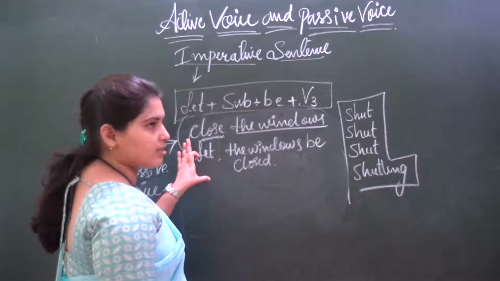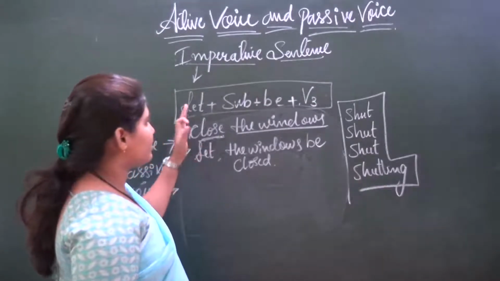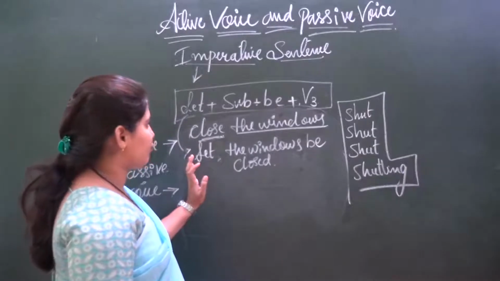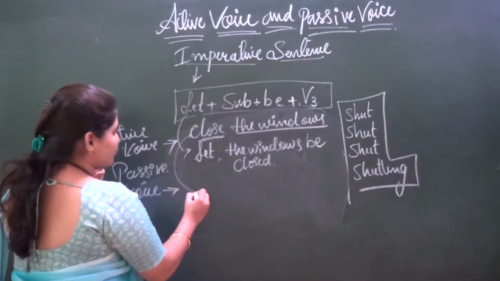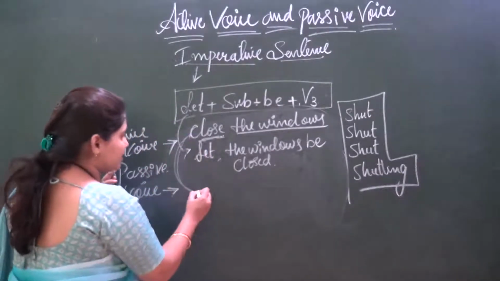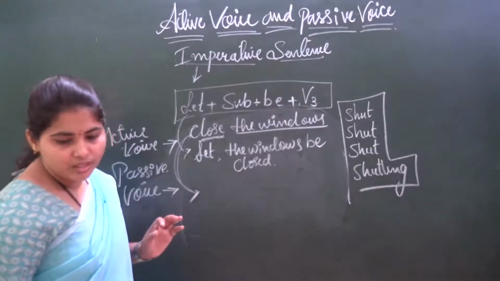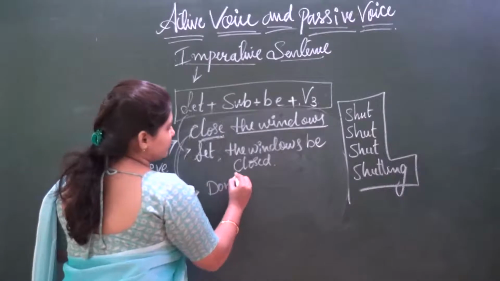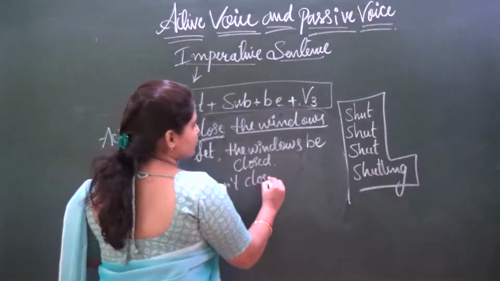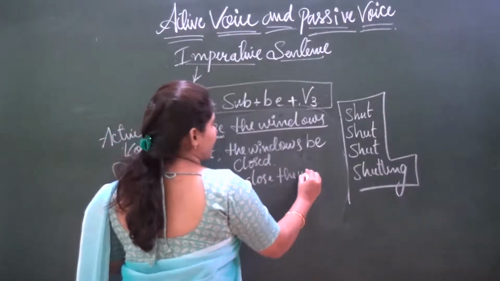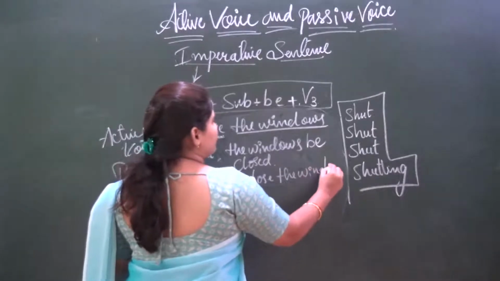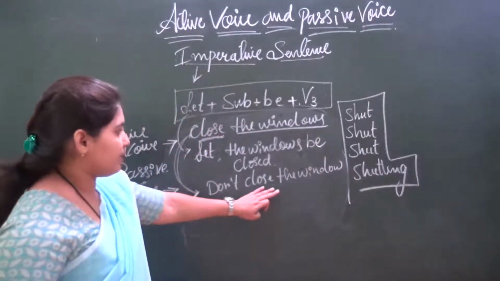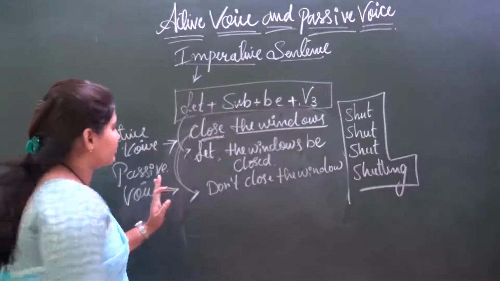This is the answer. Now, how will you write it if it is negative form? See, the negative form of this is: don't close the window. What is the form here?